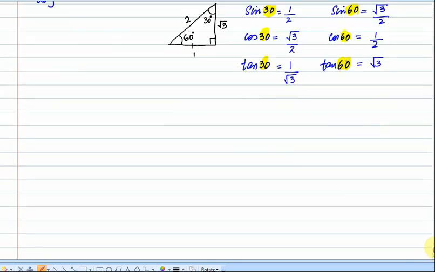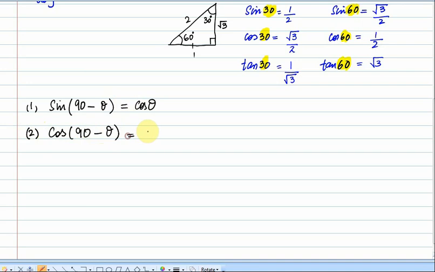So moving on, now there are three more working formulas that we are going to use in Addmaths. First one, sine of 90 minus theta is equal to cos theta. Second, cos of 90 minus theta is equal to sin theta.